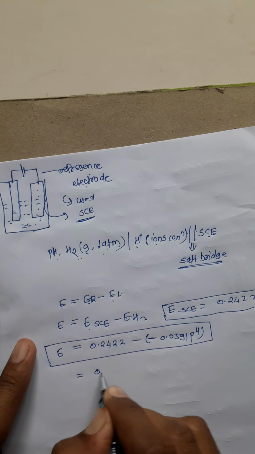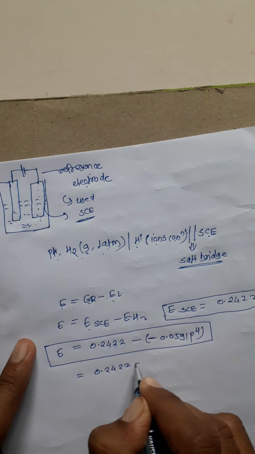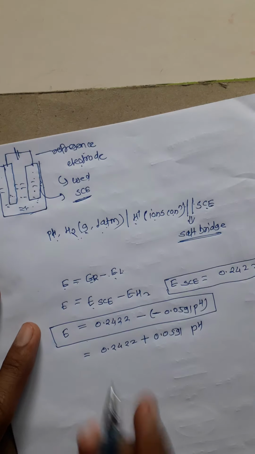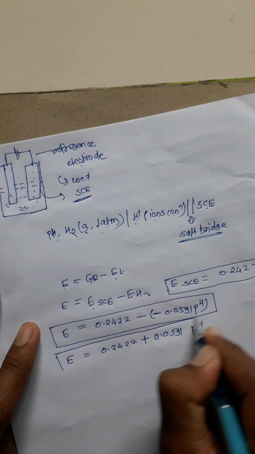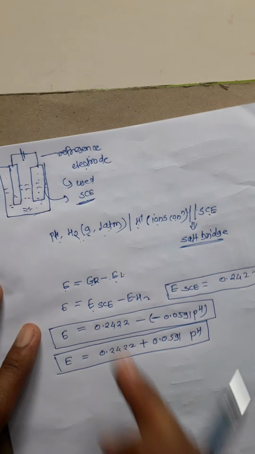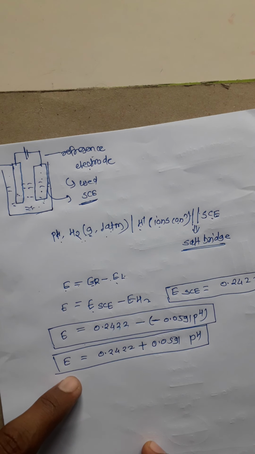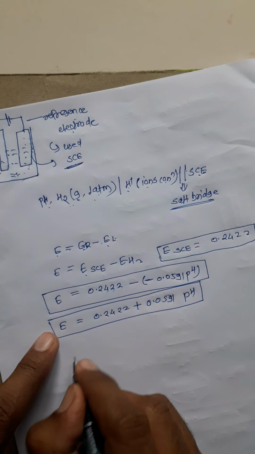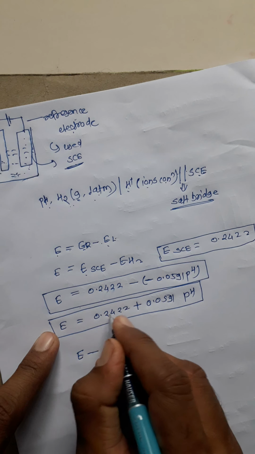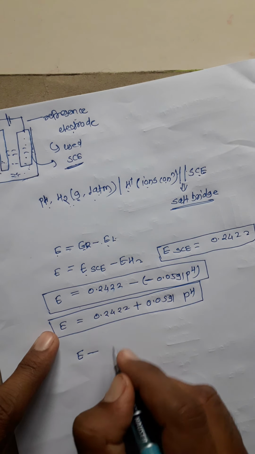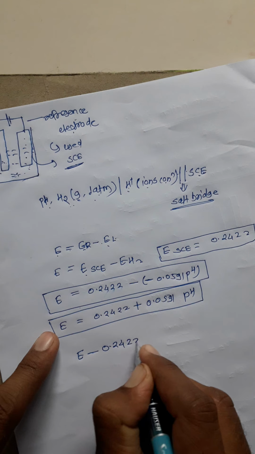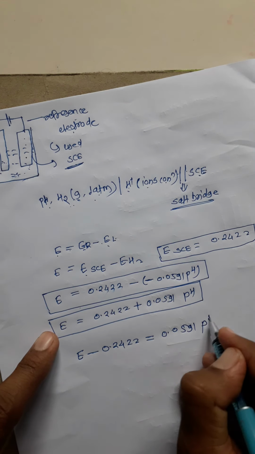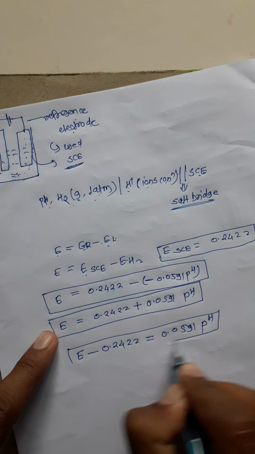So the equation is E cell equals 0.2422 plus 0.0591 pH. This is the EMF of the complete cell. But you need the pH. How do we determine the pH of the solution? Transferring terms, E minus 0.2422 is equal to 0.0591 pH.